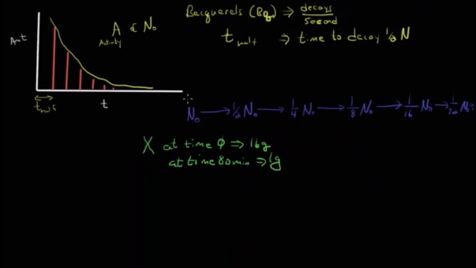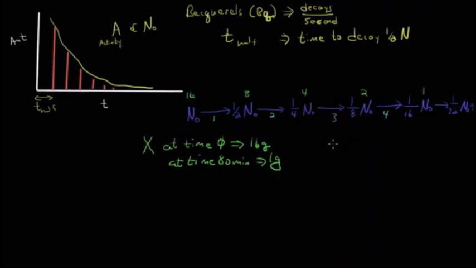Pretty easy to do. We write this out. At time 0, we have 16 grams. Then after the first half-life, we have 8. We have 4, 2, and 1. So this took us 1, 2, 3, 4 half-lives.